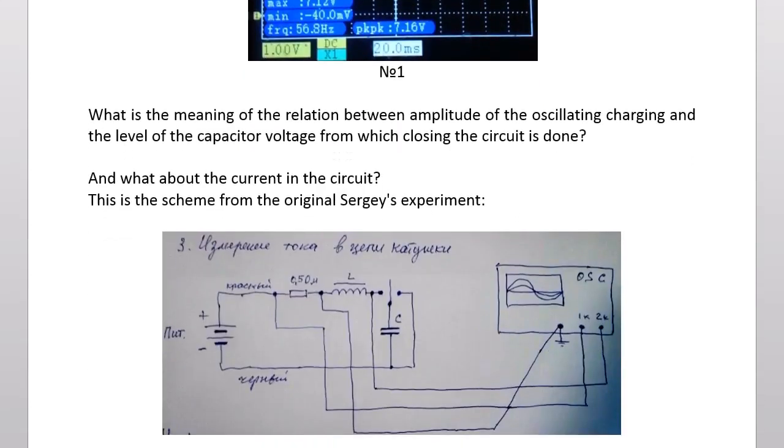What is the meaning of the relation between the amplitude of the oscillating charging and the level of the capacitor voltage from which closing the circuit is done? And what about the current in the circuit?